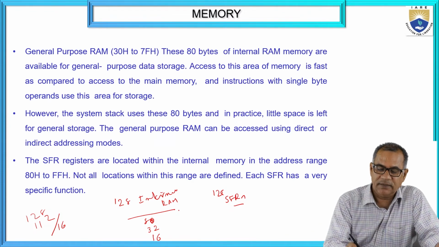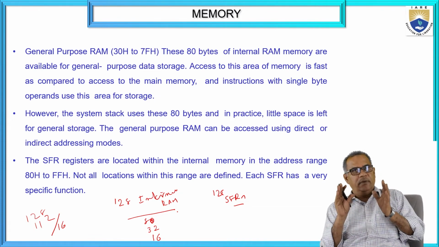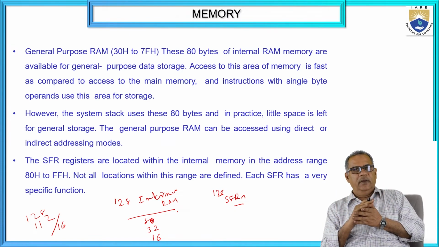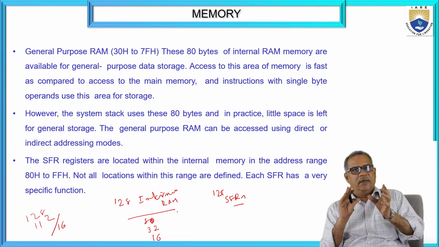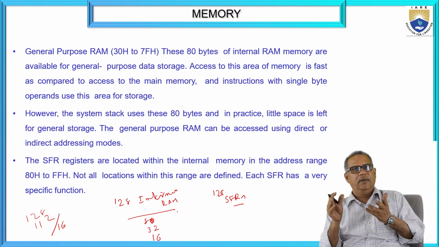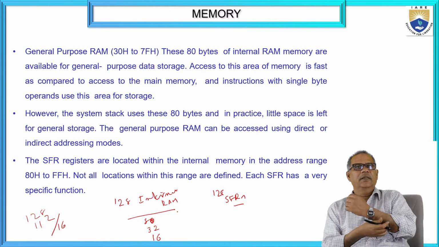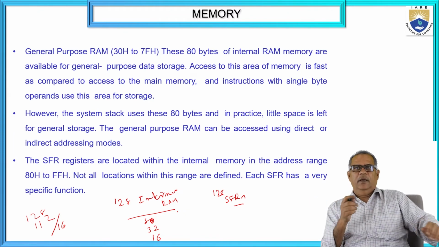So 128 bytes internal RAM is organized this way: 80 bytes of general purpose RAM and 32 bytes are allocated for register banks. Bank 0, Bank 1, Bank 2, Bank 3. Each bank contains 8 bytes. So 8 into 4, 32 bytes are kept aside for the register banks. So remaining is 16 bytes, which are nothing but the bit addressable RAM.